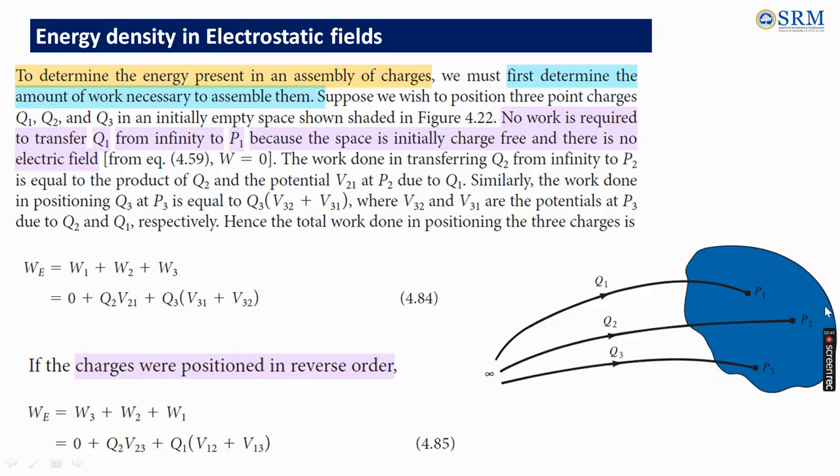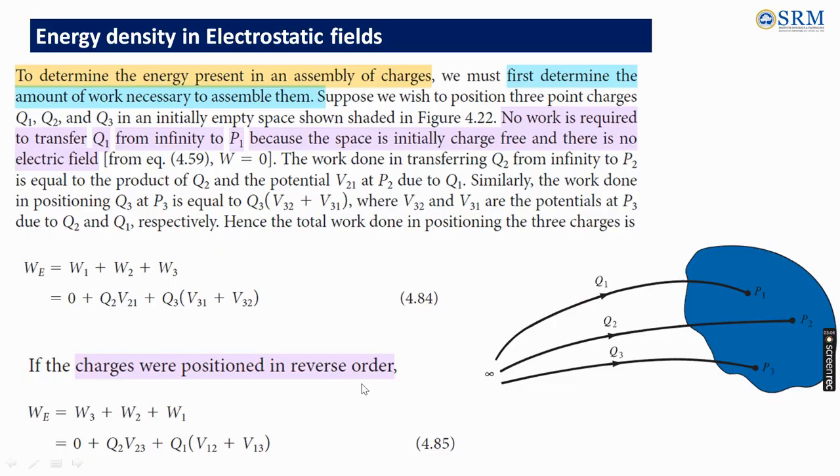And Q2 we are moving, which means the work done is the product of Q2 into the potential at P2 due to the presence of Q3. So it is V23. Similarly, for moving the charge Q1 to P1, what is the work done? It is Q1 into the potential at P1 due to Q2 plus the potential at P1 due to Q3.